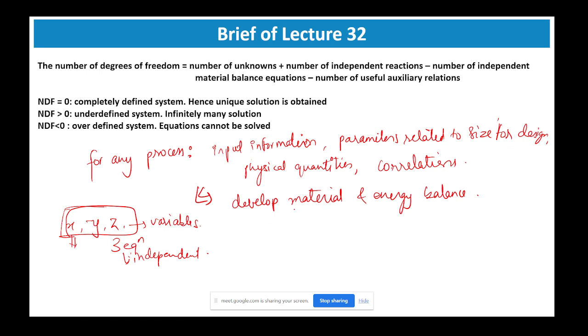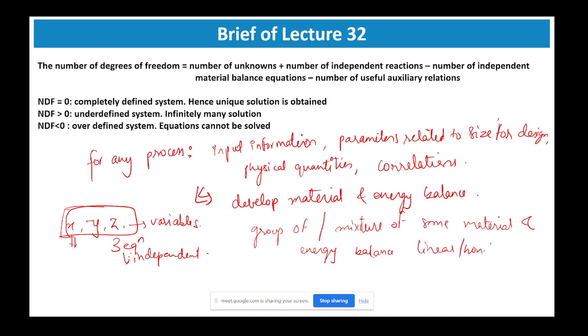for any material or energy balances developed, it can be a group or mixture of material and energy balance, linear, non-linear equations.